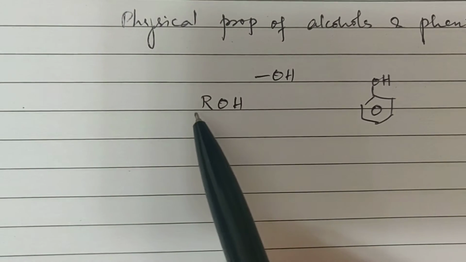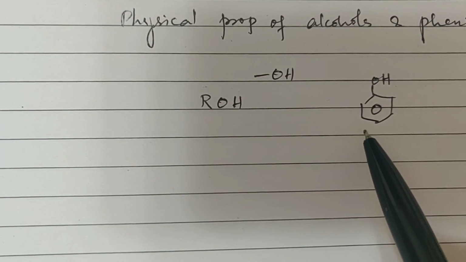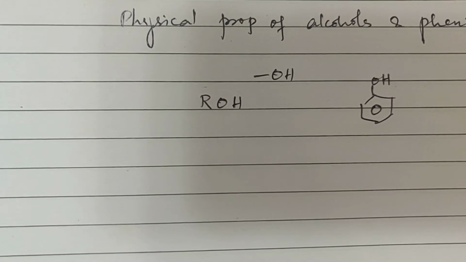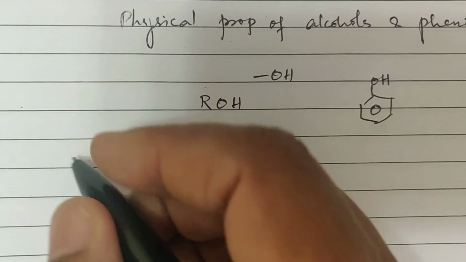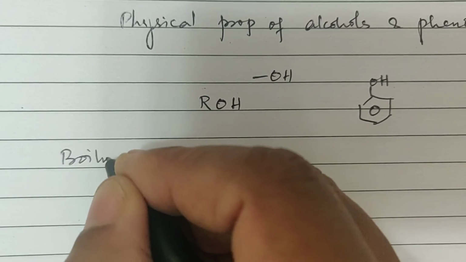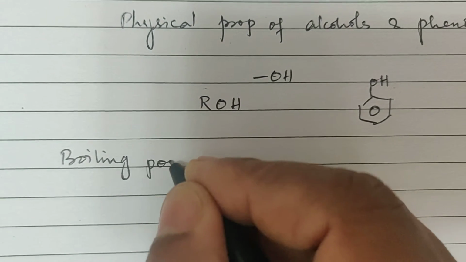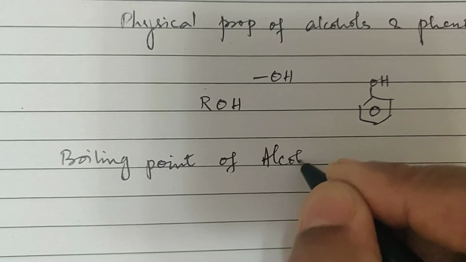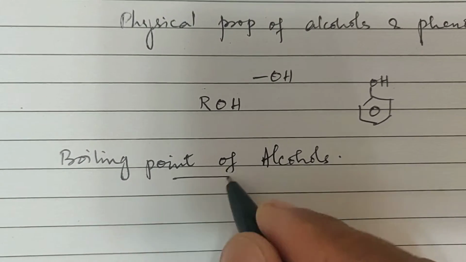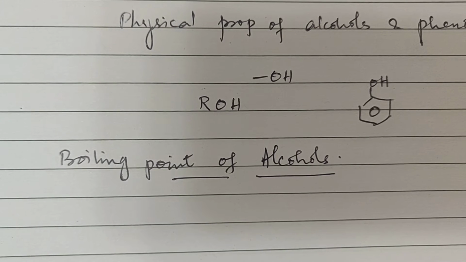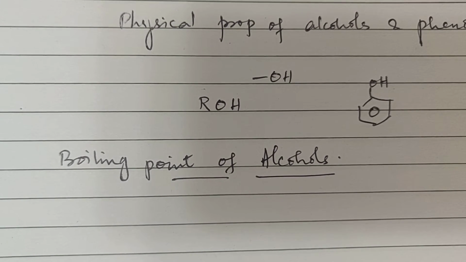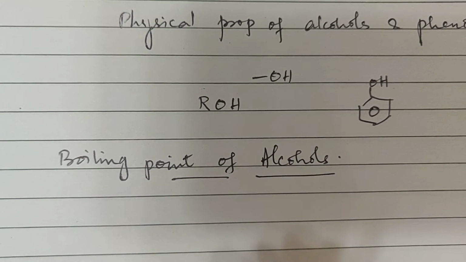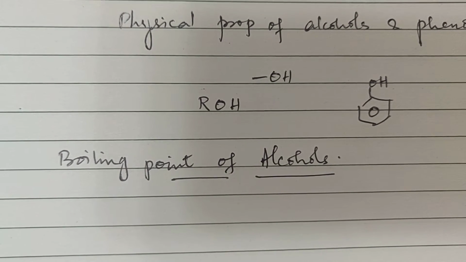So the nature of R group will only modify these properties. Now let us first see boiling point of alcohols. We have studied in RX also that the boiling point of the members belonging to a particular series increases with increase in the number of carbon atoms.